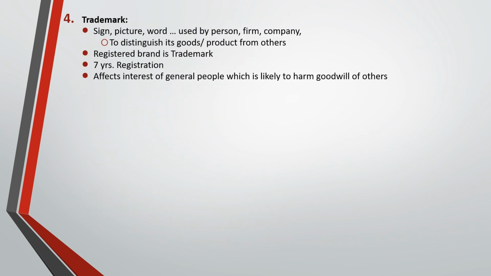Next we have trademark. It is the sign, picture, or word used by a person, firm, or company to distinguish its products and goods from others. A registered brand is a trademark. There are 7 years for registration, where it must not affect the interest of the general people or be likely to harm the goodwill of others.